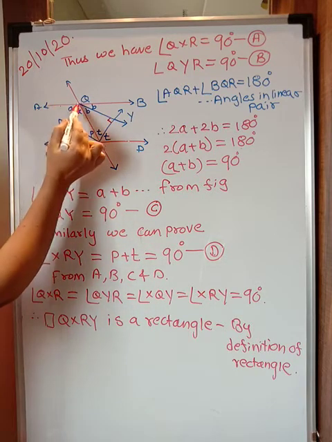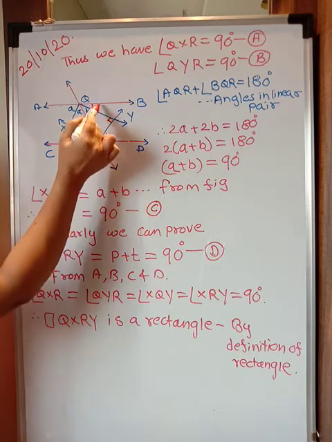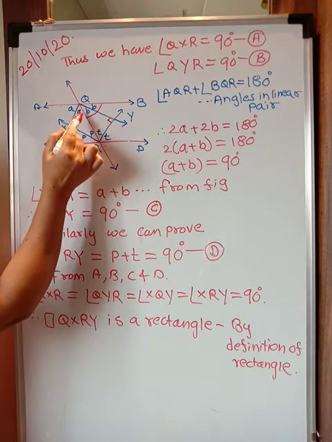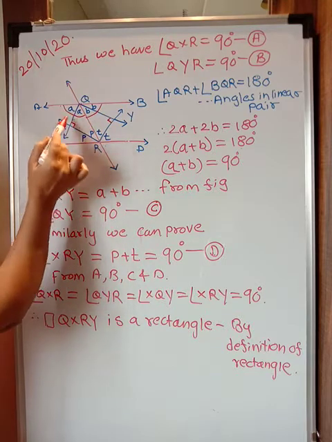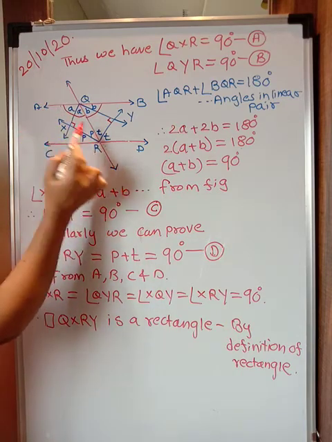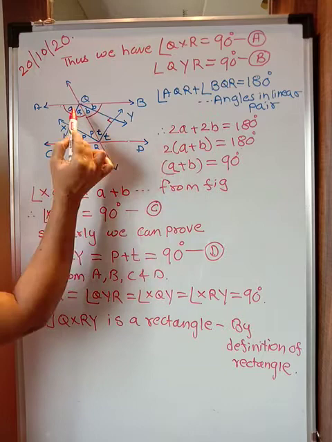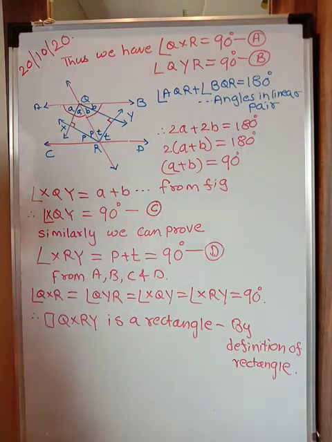Angle AQR and angle BQR, that means I am speaking about this angle and this angle. So these two angles are angles in linear pair. But AQR is made up of 2A. So what we have? 2A plus 2B is equal to 180 degrees.